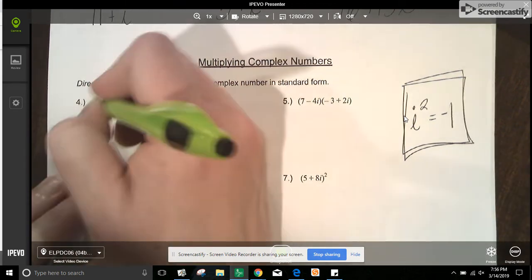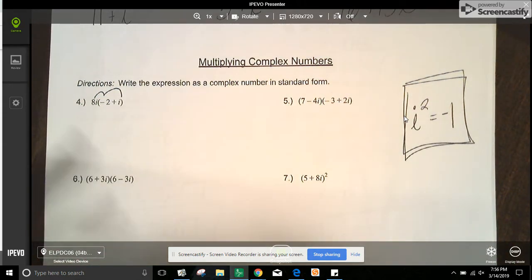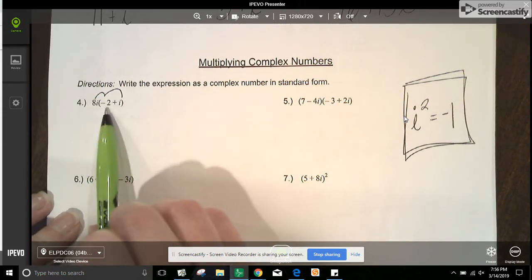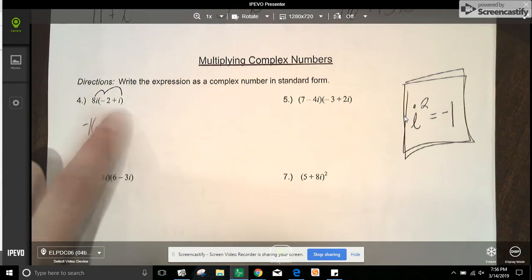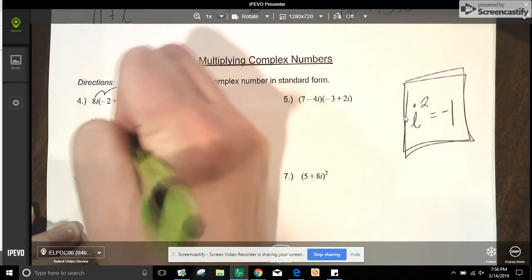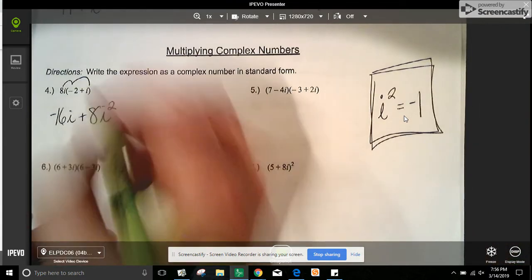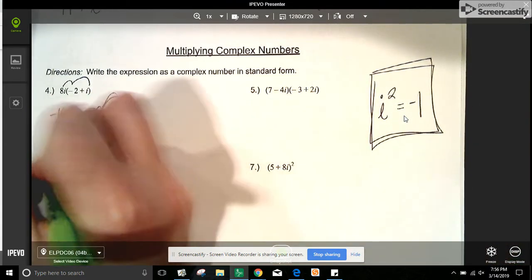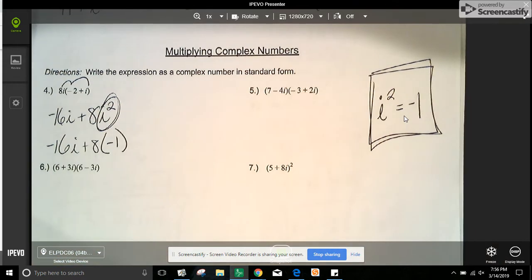So for instance, for the 4, you would distribute 8i. So act like it's an x. So 8i times negative 2 is negative 16i. And then 8i times i would be 8i squared. And this is where the rule comes in. This i squared is literally replaceable with a negative 1.